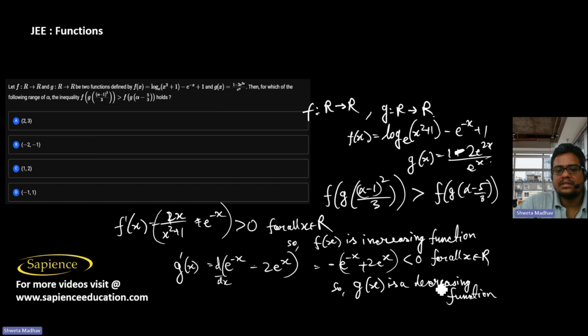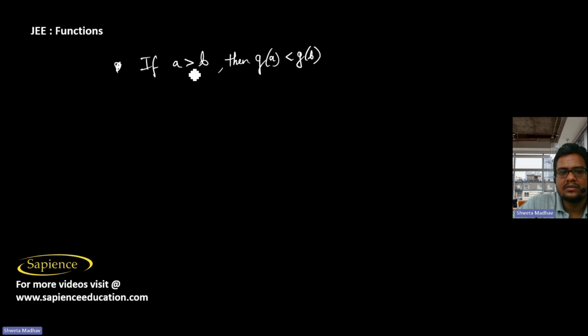So now g of x is decreasing. It means that if suppose a is greater than b, then g of a will be less than g of b, since g is decreasing. So with increasing value, the function's value will decrease.